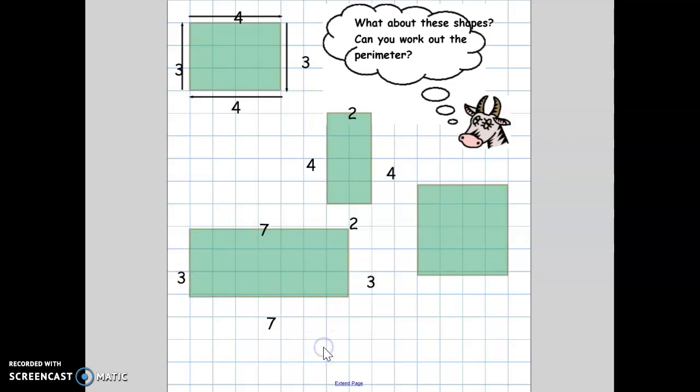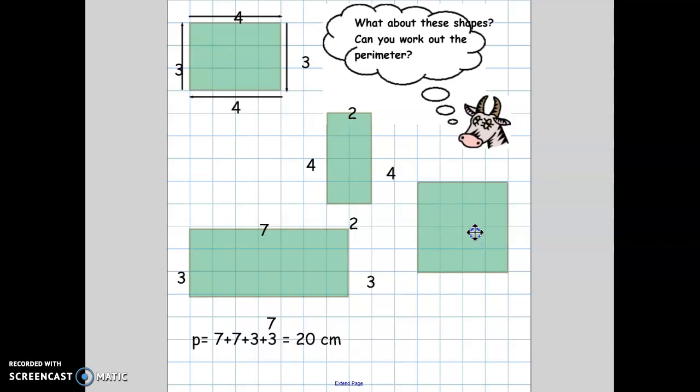So the perimeter equals 7 add 7 add 3 add 3. 2 lots of 7s and 2 lots of 3s to get all the way around the shape. 2 7s are 14, 2 3s are 6, 14 and 6 equal 20. And if these were centimeters, we would put centimeters. We're not dealing with squares. It's just 20 centimeters all the way around the shape. We're just taking a walk around that shape to find the perimeter.